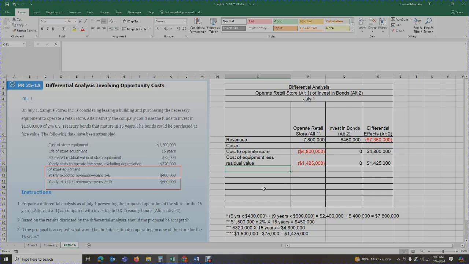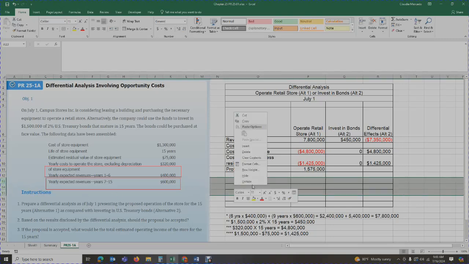Now we can calculate the profit or loss from each of the alternatives. Let's underline this. I'm basically just going to add my total from the column down. So 7.8 million minus 4.8 million minus 1,425,000 gives me 1,575,000 in profit.